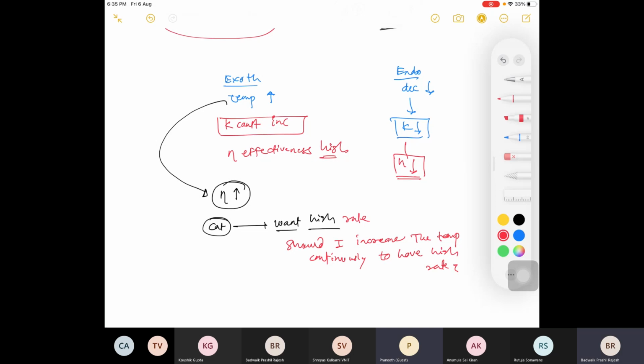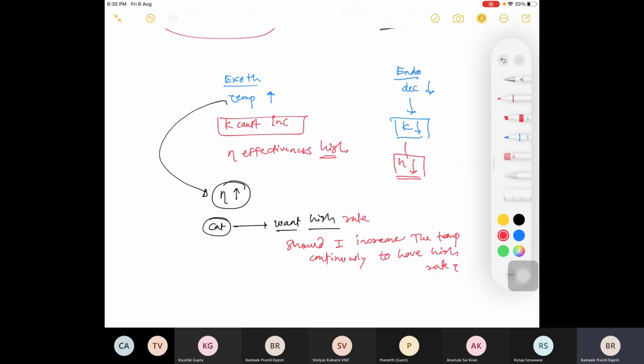See, what I'm telling is, suppose you have an exothermic reaction, so the temperature of the system or the temperature of the reactor will increase. Based on the Arrhenius equation, you know, if temperature increases, your rate of reaction increases. That means your rate constant increases. So tell me, suppose I want a high rate of reaction and I have a reaction and there is a catalyst.